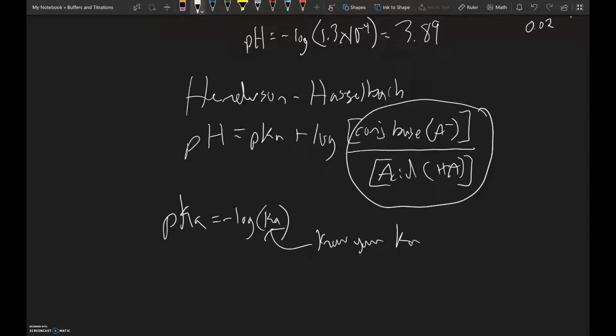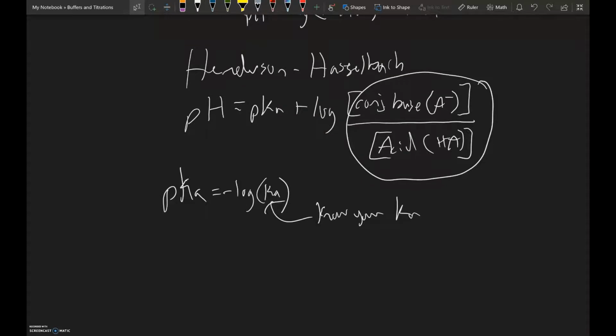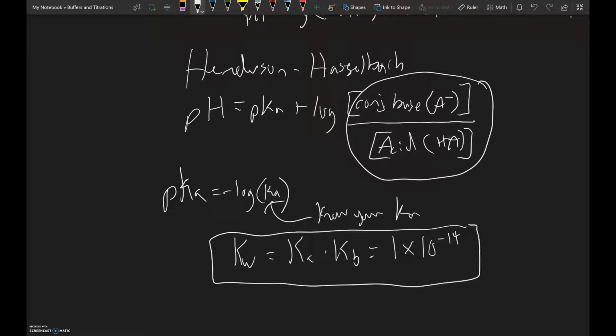If you don't know your Ka, but you know your Kb, you can actually solve for Ka from Kb, and you can use the equation Kw is equal to Ka times Kb, where Kw is the water constant, 1 times 10 to the negative 14.